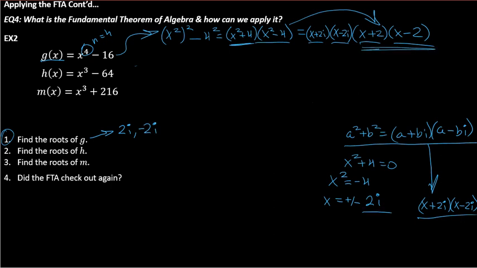The other 2 of the roots I'm going to get are real. Those are going to be negative 2 and positive 2. And again, 1, 2, 3, 4. That's equivalent to the degree of my polynomial. That is, so n is a natural number greater than or equal to 0.